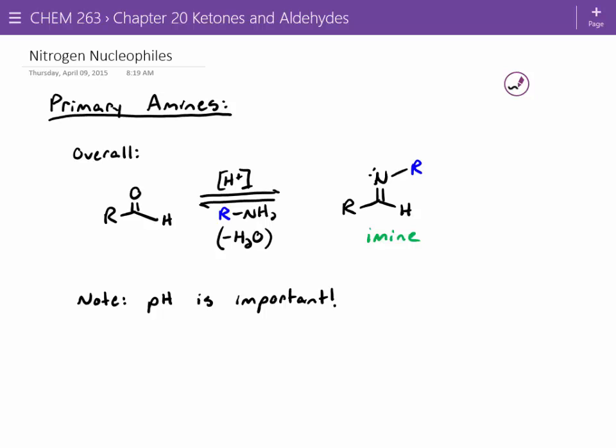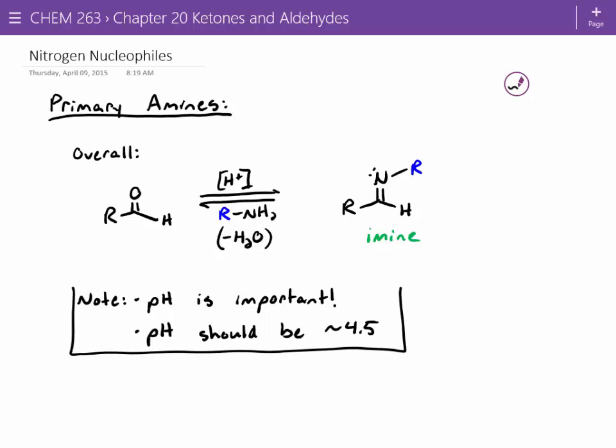In particular, the pH for this reaction should be about 4.5. Otherwise, you end up protonating your nitrogen on your nucleophile and the reaction won't work. So this is one of these organic reactions where you do have to pay attention to the pH, and you usually run it in a buffer system.